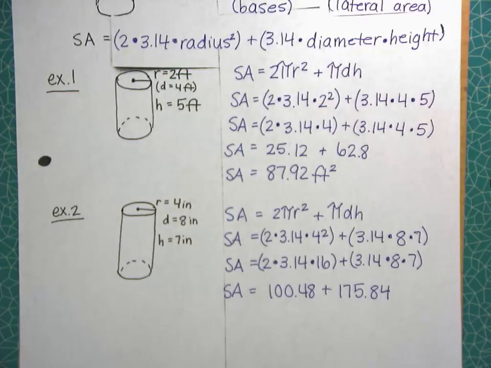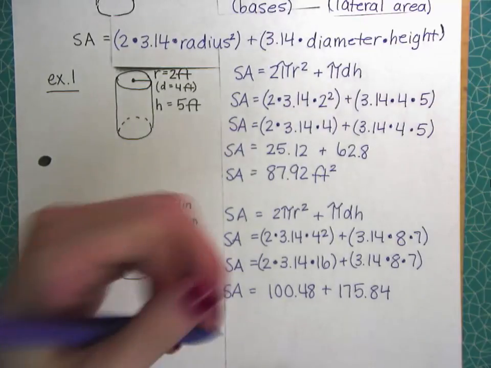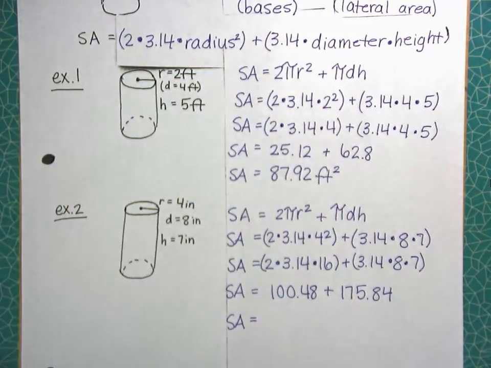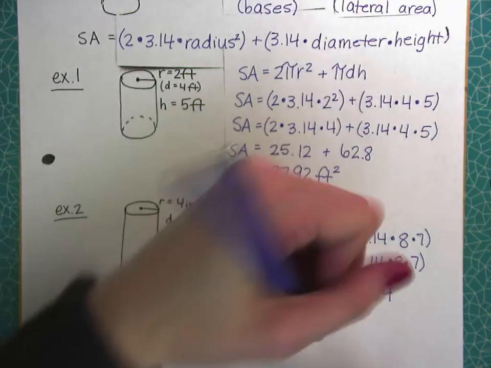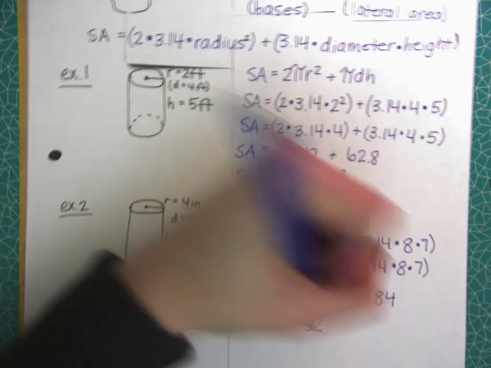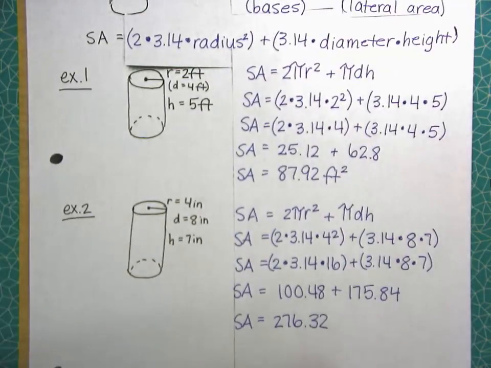What's my final step? Got to add those together, right? And then when I add them together, what do I get? Will? 276.32. And what are my units?